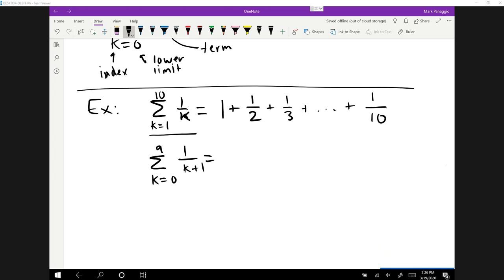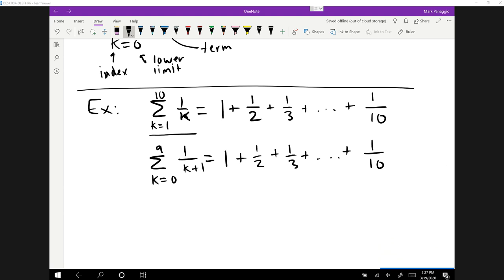If you plug in k equals 0, it'll be 1 over 1, which is 1. Then when you plug in k equals 1, we'll have 1 over 1 plus 1, which is 1 over 2. And the denominator will just increase by 1 each time, finally ending with 1 over 9 plus 1, which is 1/10. So it's a different looking formula, but it represents the exact same thing.